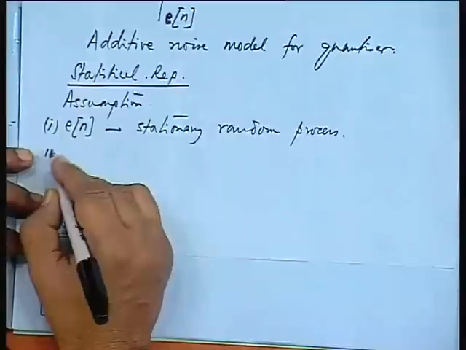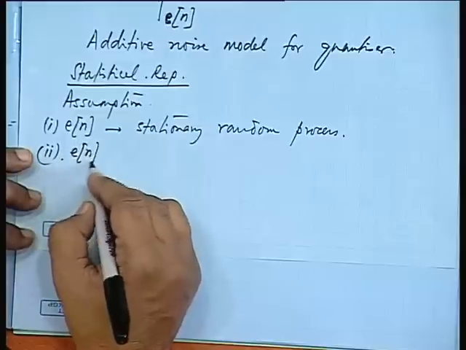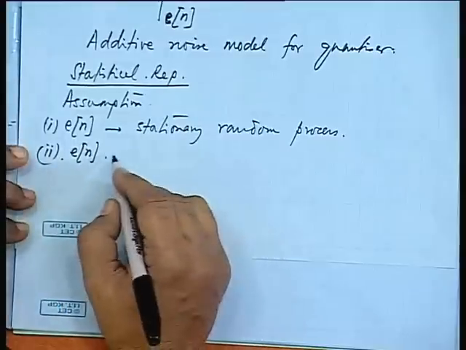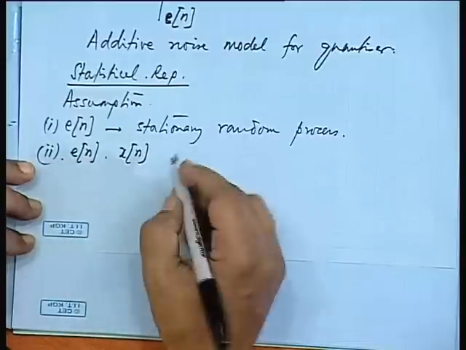be always changing. So, you can assume that the error is stationary and random. Error is stationary means it is restricted within minus delta by 2 to plus delta by 2, and it can vary within that with equal probability. So, it is a random process. Then next assumption is En has got no relation with xn. En and xn are uncorrelated.